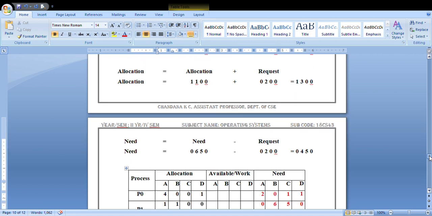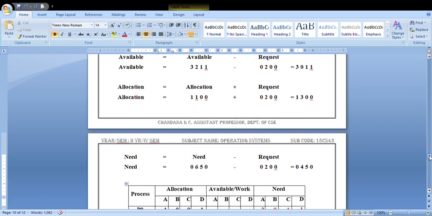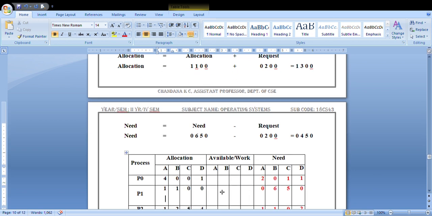What is the new available value after requesting the new resource from the process P1? It is 3011. So here, in the available column, you have to specify 3011.